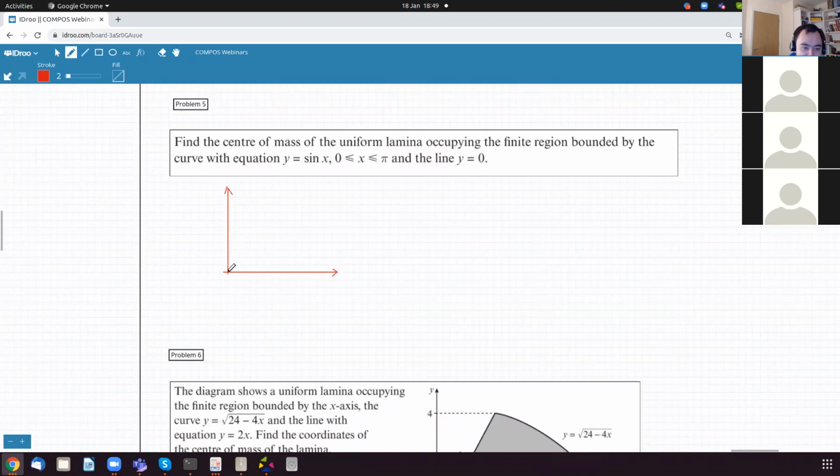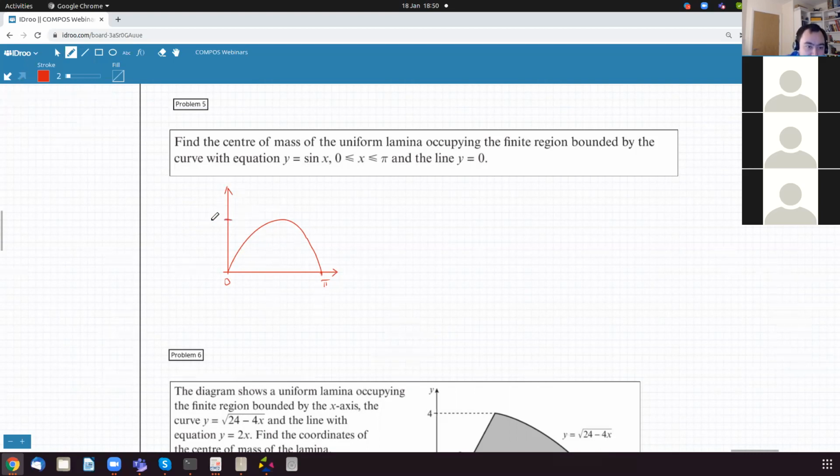Well, that's just this, from 0 to pi. Okay, so that's a lamina, and line y equals 0. Okay, well that's this line. So we need the center of mass of this thing.